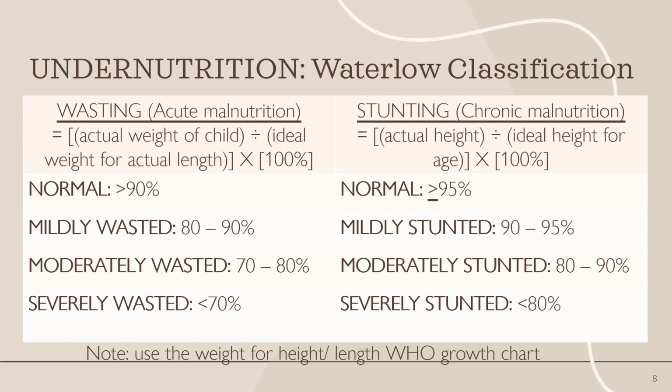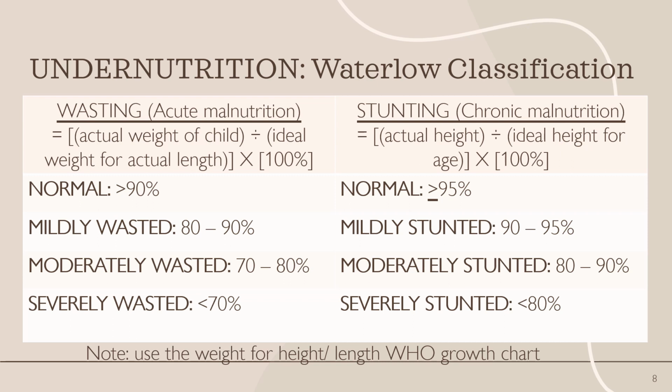Okay, so hence this is the formula. So you get the actual weight of the child, usually in kilograms, and then you look at the WHO growth charts and you determine the ideal weight for actual length. So what you're going to use is the weight for height or length growth charts from the WHO. Okay, so you get that.